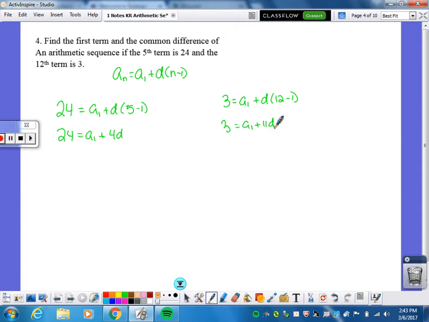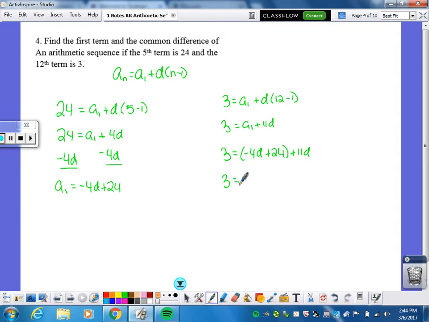Now we're going to use systems of equations to solve for a1 and d. So I'm going to solve on this side for a1. I'm going to subtract 4d from both sides and get a1 is equal to negative 4d plus 24. Now I'm going to substitute my value for a1 on this side in for a1 over here to get 3 is equal to negative 4d plus 24 plus 11d.